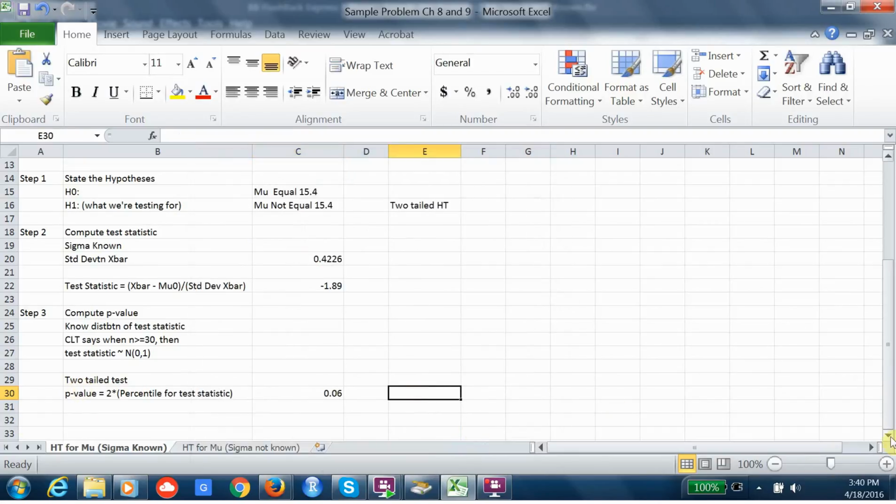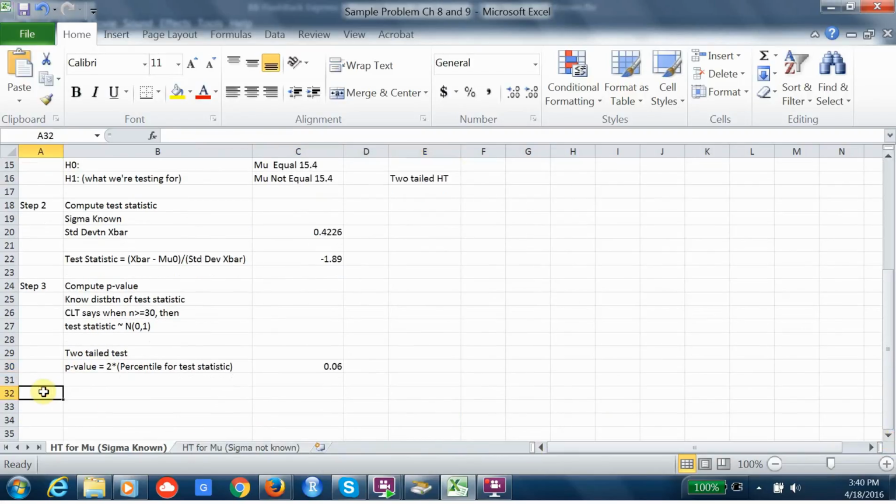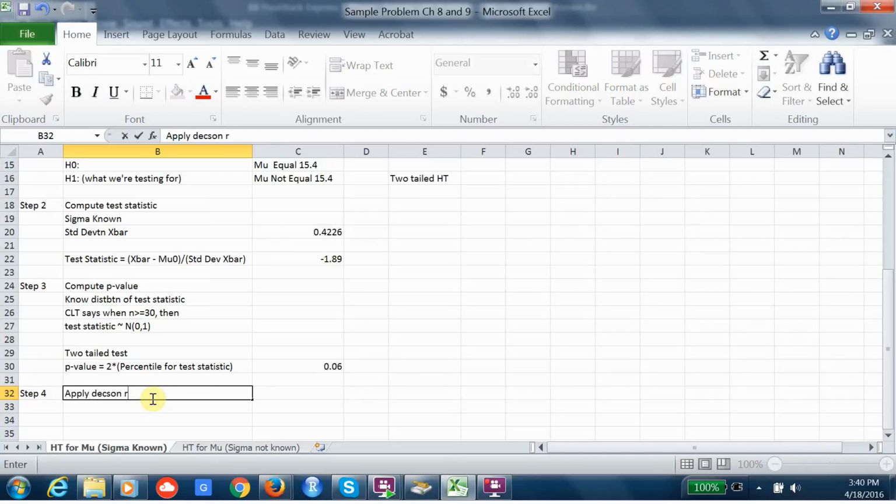Now I'm going to apply my decision rule. And this is easy. If p is less than alpha, I reject the null hypothesis. Okay, so if p is less than alpha, reject H naught.